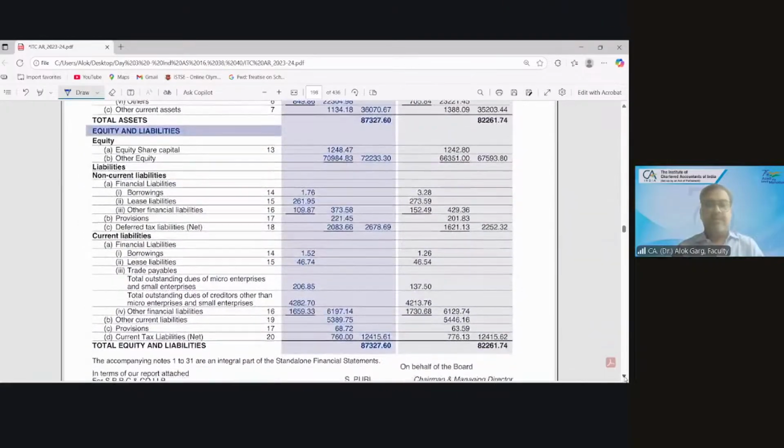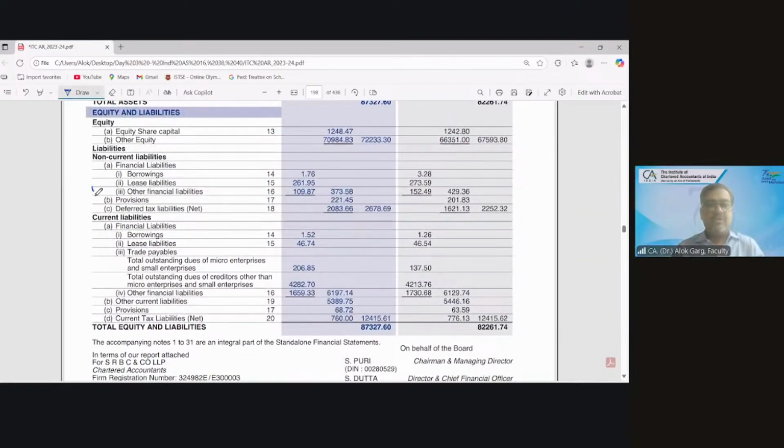And can you see the lease liability also on the liability side? Non-current lease liability 262 crores and current lease liability 46 crores. So lease liability is lower than your right of use asset.